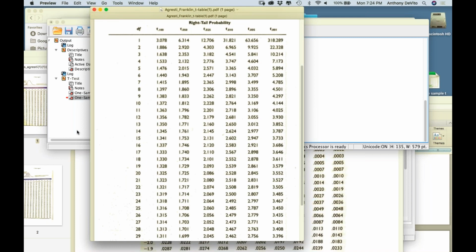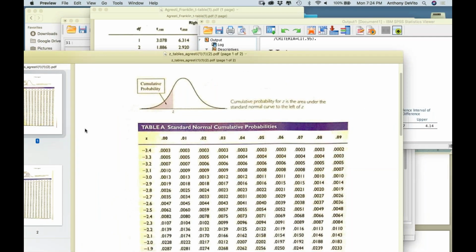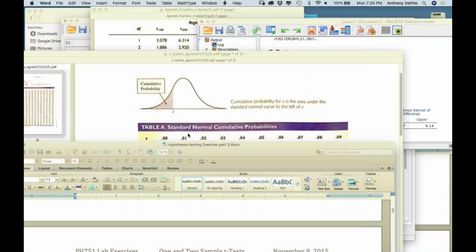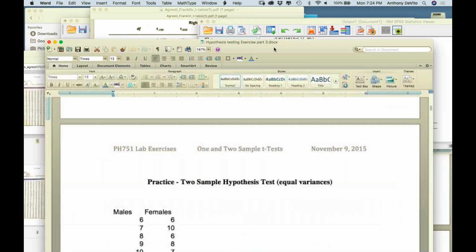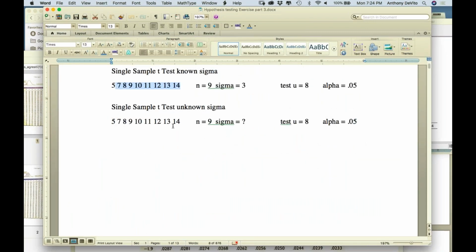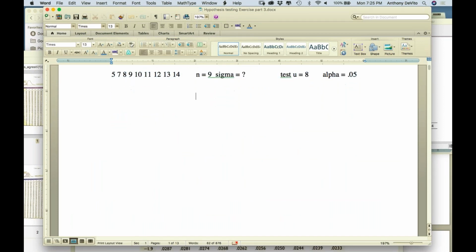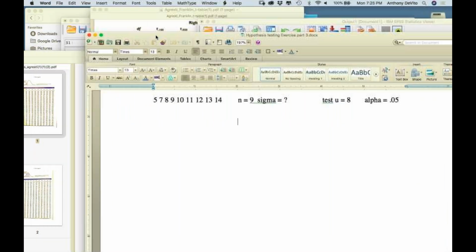Okay, now you guys can do another one. Let me see if I have another one here. I think there was another one there. Okay, we just did this right here. Let me see if I can't give you some other numbers.